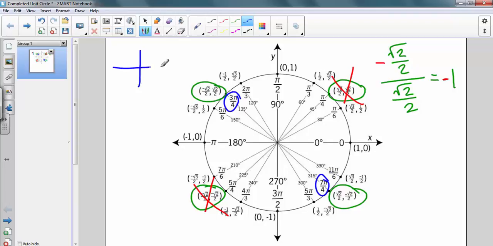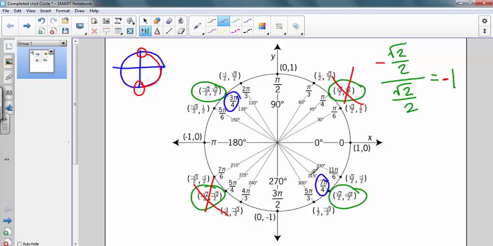But recall my picture for the tan inverse and its range: not including pi over 2 all the way around to not including negative pi over 2.